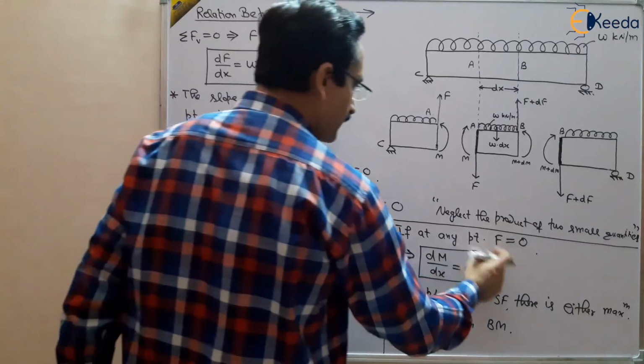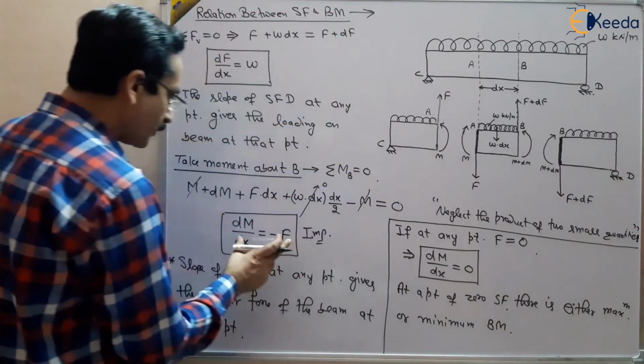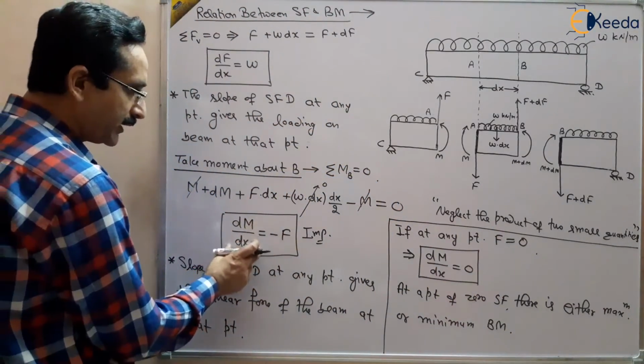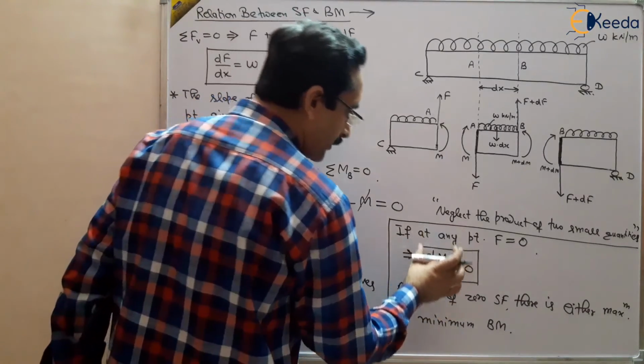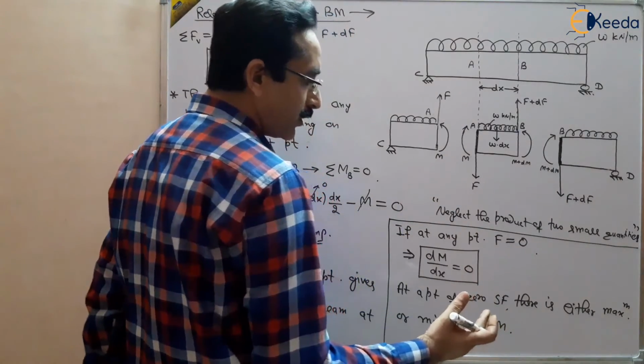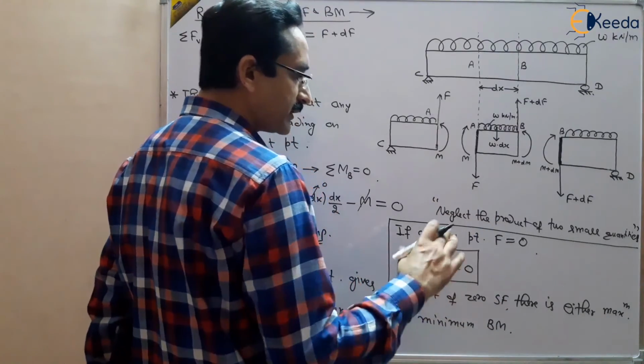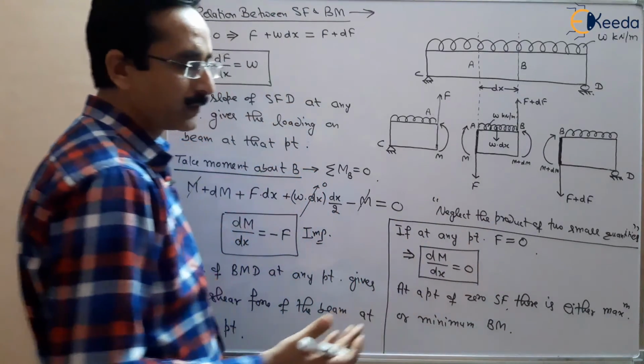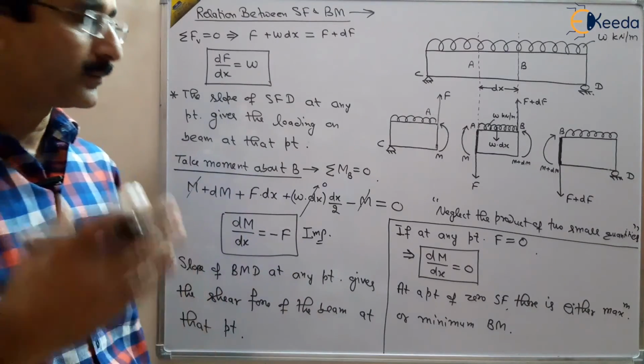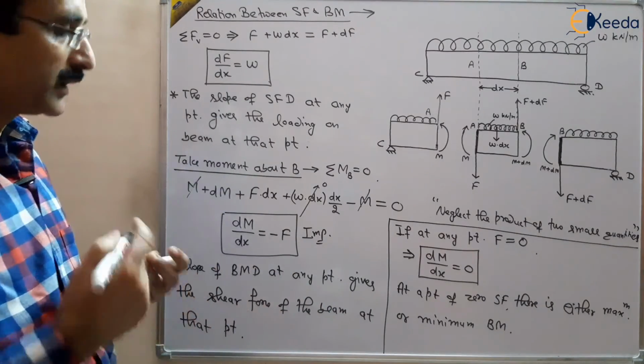Because we have seen that if shear force is 0, then in this equation dM by dx will be equal to 0, and dM by dx is the slope of the bending moment diagram, and if the slope is 0, it shows that there will be either a maxima or minima. So at that point there will be a maximum bending moment or minimum bending moment.